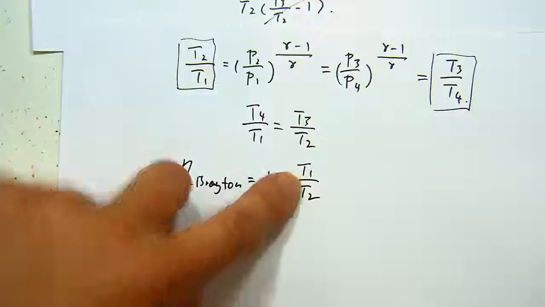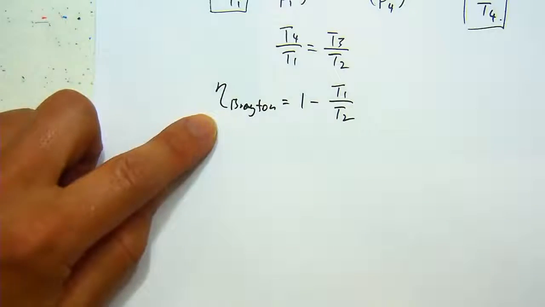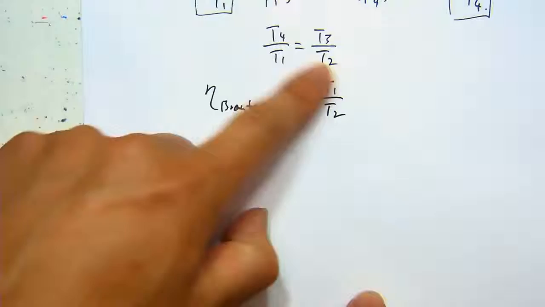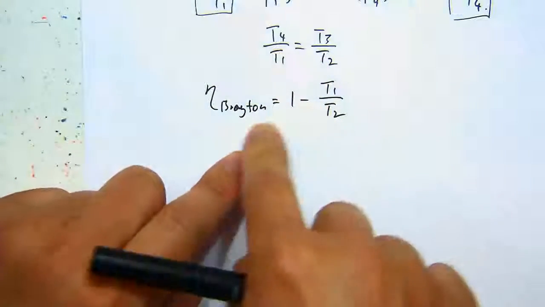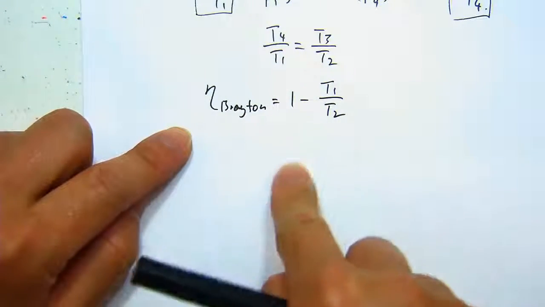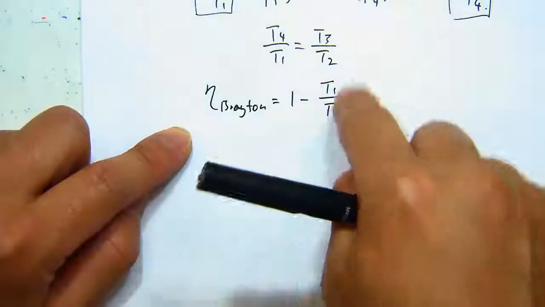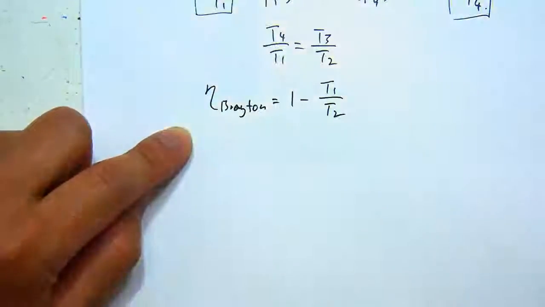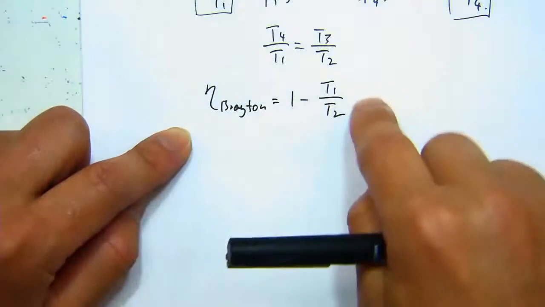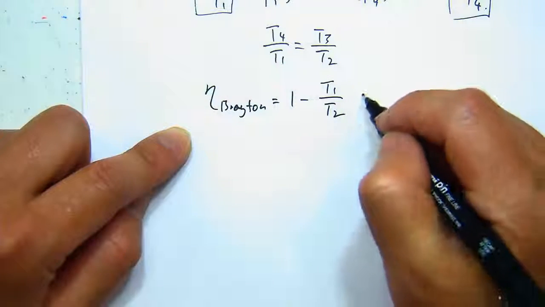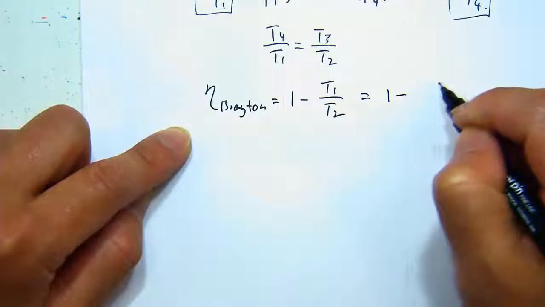If you recall the expression we discussed on the Carnot cycle, it has a similar form, except the Carnot cycle thermal efficiency would be 1 minus T cold over T hot. So that's different from here. Don't get confused with that. This one is compressor inlet versus compressor outlet. But we can just simplify it.